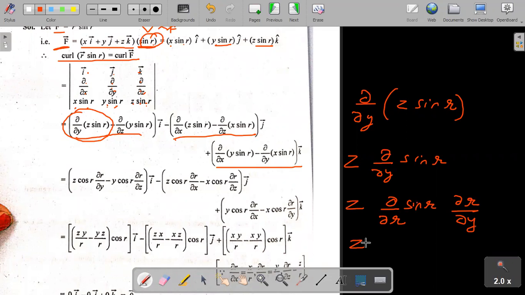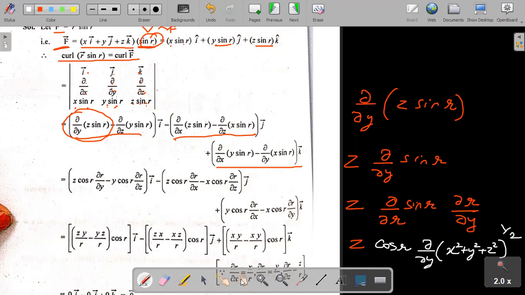So if you see now, what is the derivative of sin r? Sin derivative is cos. So this is cos r. Further, if you remember, what was r? R in terms of x, y, z was nothing but x square plus y square plus z square to the power 1 by 2.